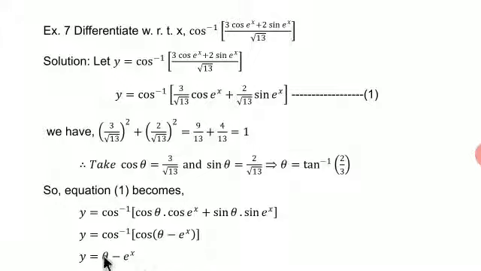So there are two values of dy by dx from this. I solve only for this value. Okay, means we can solve this problem two ways from this step. We get here cos inverse of cos (theta minus e^x), or instead we get here cos of (e^x minus theta) also.